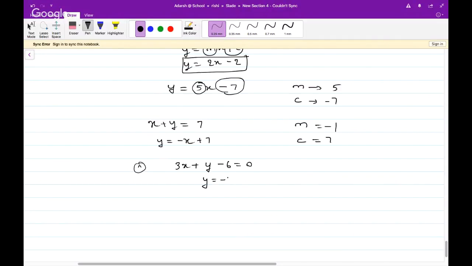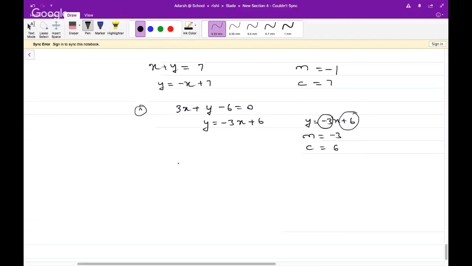So 3x will be on the other side as minus 3x, and minus 6 becomes plus 6. So you have y is equal to minus 3x plus 6. m is the coefficient of x, so the number in front of x is minus 3, so m is minus 3, and c is this number, which is plus 6.